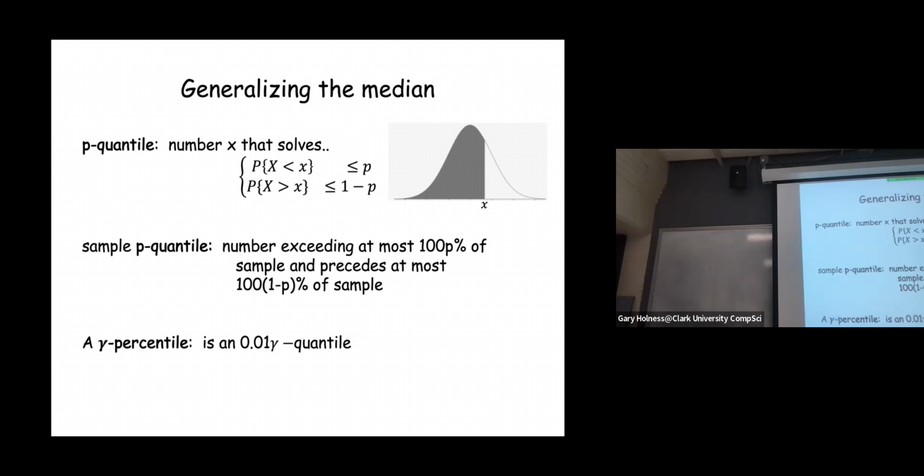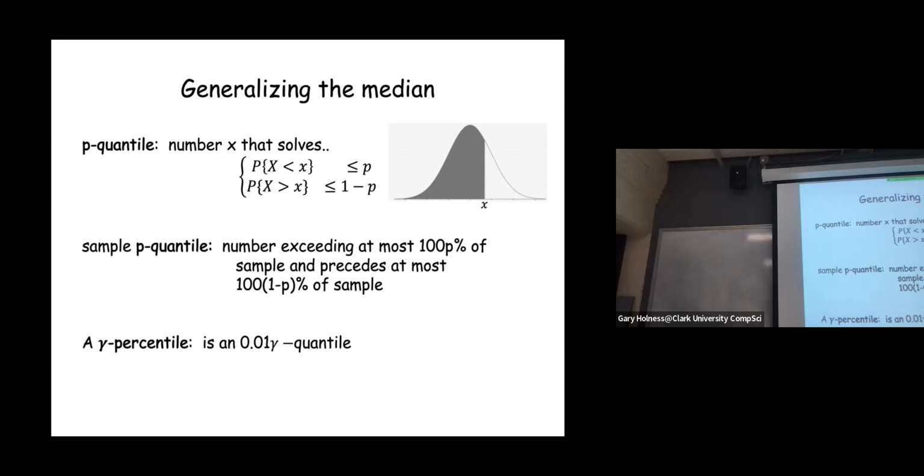It's that number that exceeds at most 100 times P percent of the measurements. So the median is the 0.5 sample P quantile. If 0.5 is P, we multiply by 100, that's the 50th percentile. It exceeds at most 50% of the samples, which is exactly what our definition of the median was.